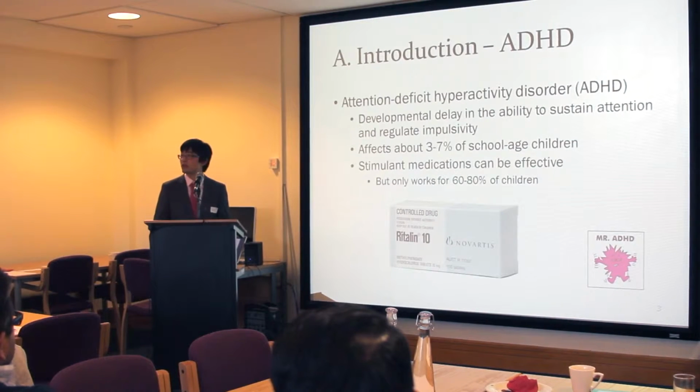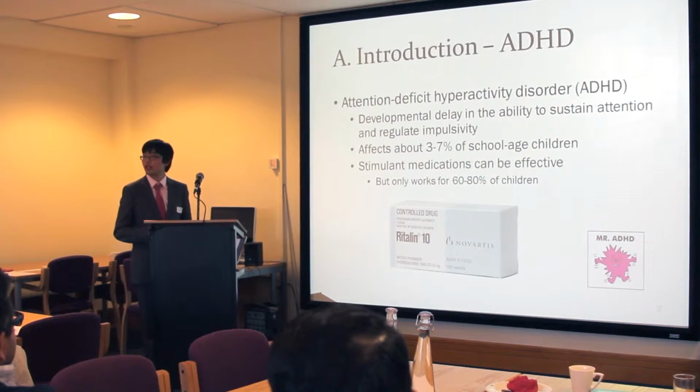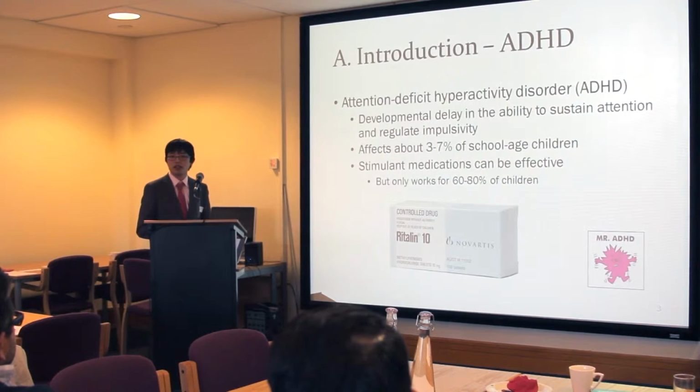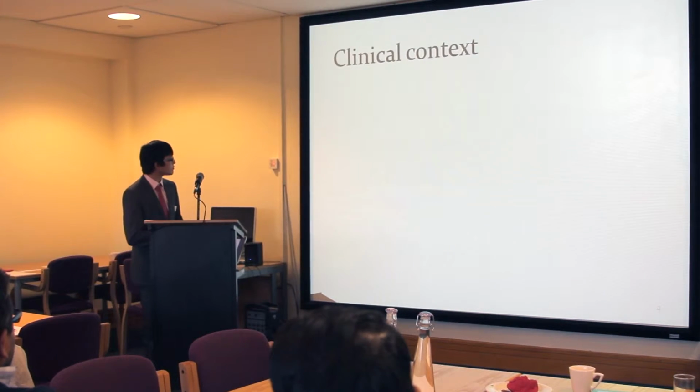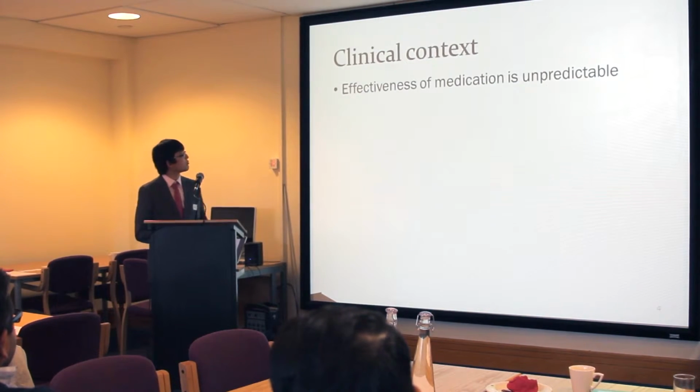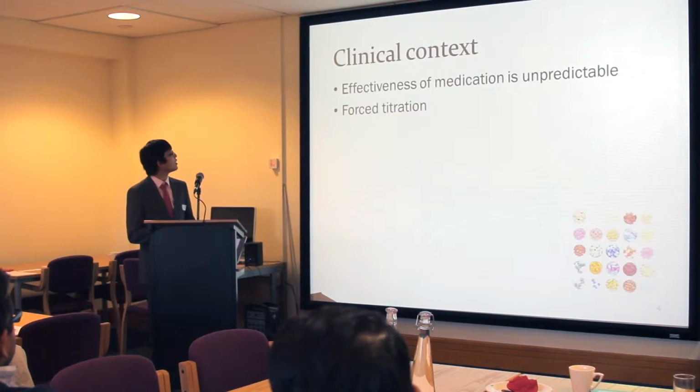Usually doctors would prescribe stimulant medication, which can be very effective. However, it only works well for some of the children. And so far, over decades of research, there is no proven method to predict who is going to respond to the drug. So the effectiveness of the medication is unpredictable.